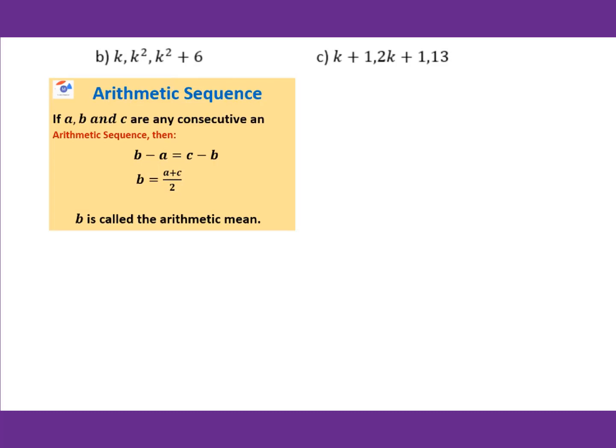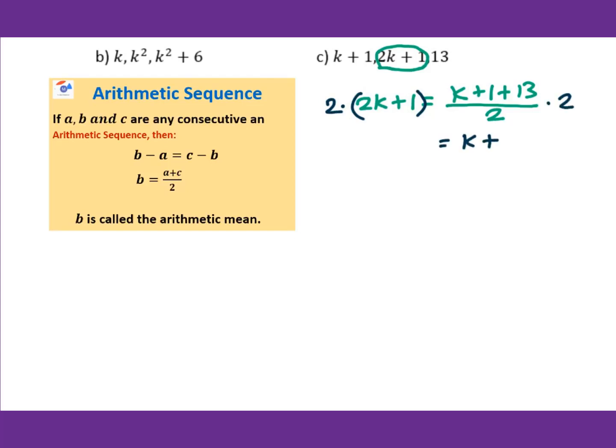The arithmetic mean, that's 2k plus 1 equals k plus 1 plus 13 over 2. Still, multiply both sides by 2. You will get k plus 14. Then we got 4k plus 2.